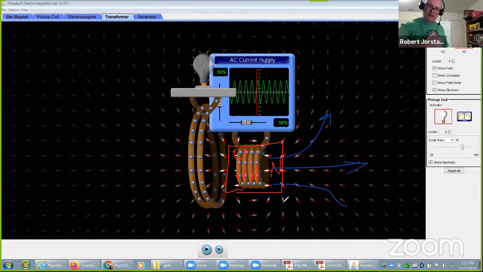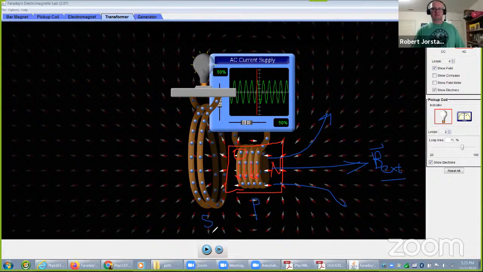Think about it. If you grab that wire, this is B external. And what do I mean by B external? It's external to the secondary. This is the primary. This is the secondary. So the primary magnetic field is external to the secondary. It's created by something external to the secondary.